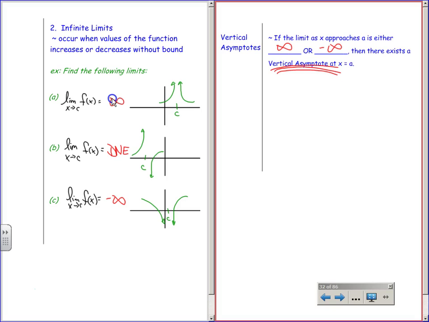In algebra 2, you saw that it is an x value that can never exist, but the function will get closer and closer without ever hitting it. But a much better way of defining it is a one-sided limit of the function as you approach this x value will be infinite. That's the end of section 1.2, kiddos.